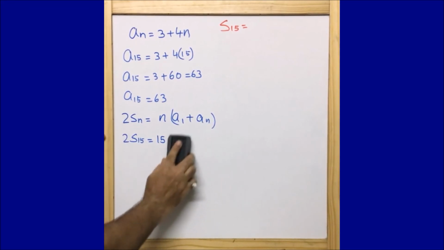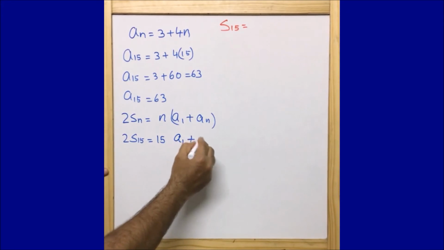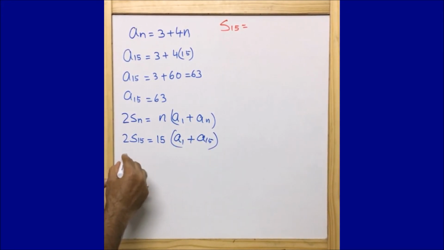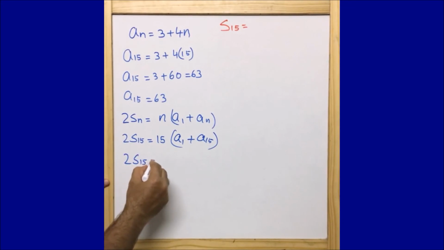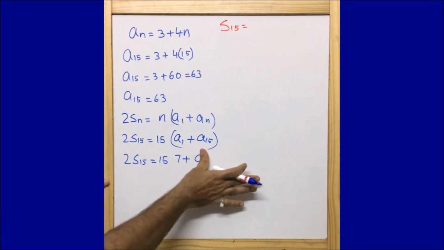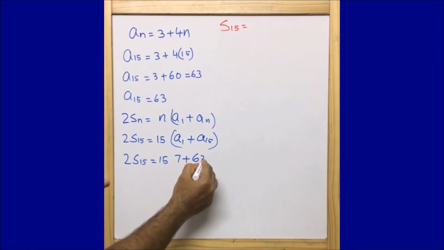Let me write it like this so that it will not create confusion: a1 plus a15, because we are taking n as 15. Now I can write 2S15 is equal to 15 into 7 plus 63. We got the value of a15 as 63.